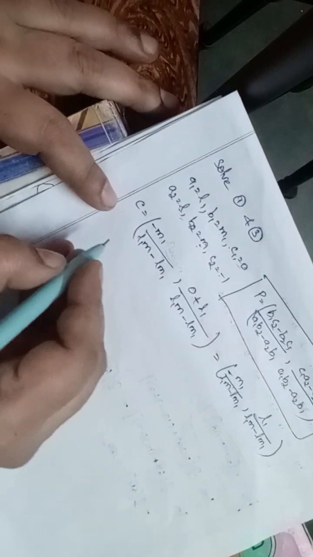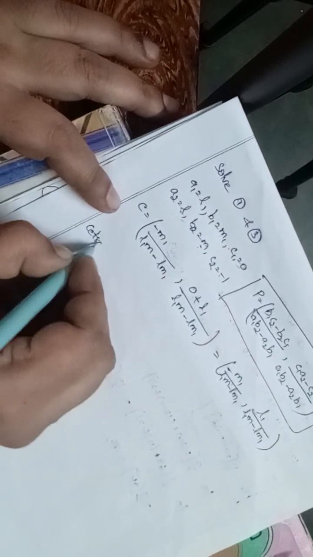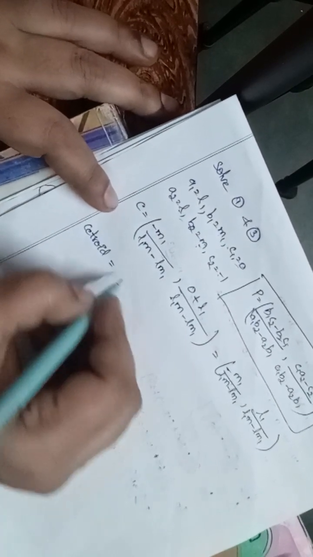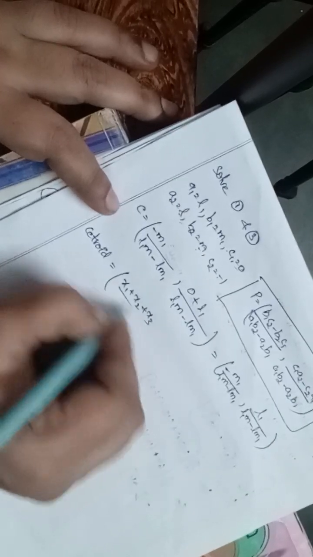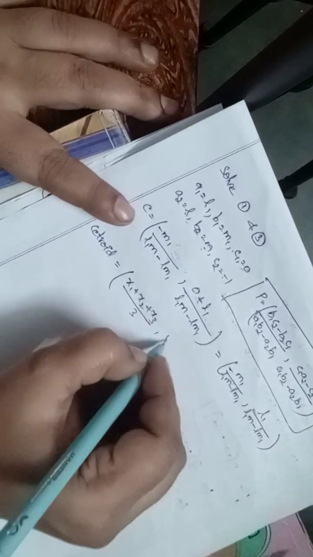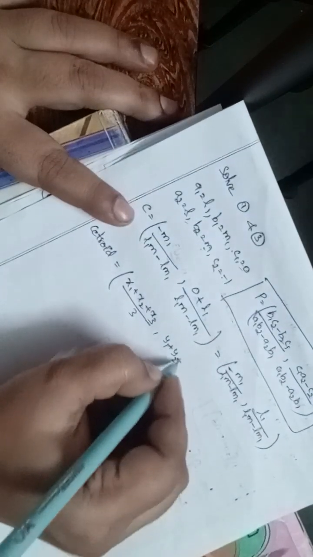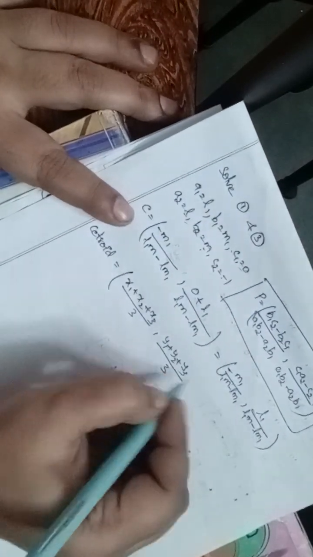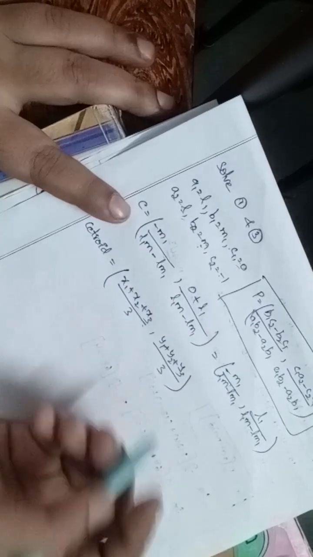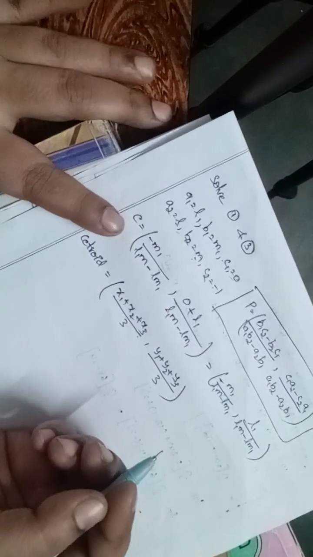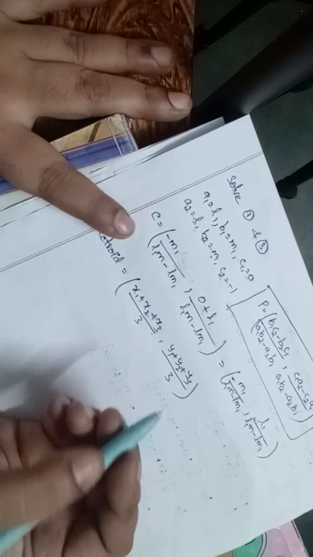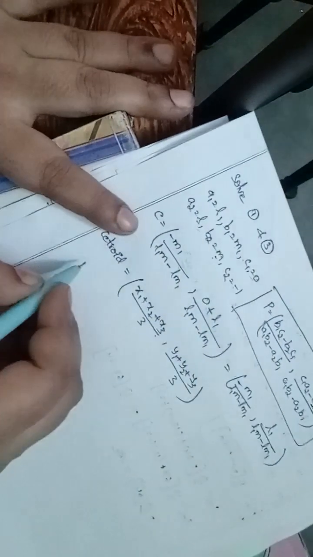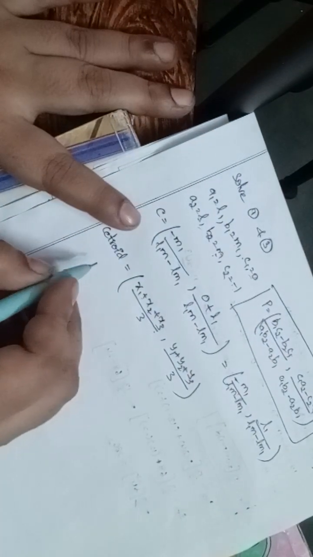So what is the actual centroid formula? Centroid equals x1 plus x2 plus x3 by 3, y1 plus y2 plus y3 by 3. Here x1, x2, x3 are nothing but the coordinates of the vertices of the triangle. So let us write the coordinates.